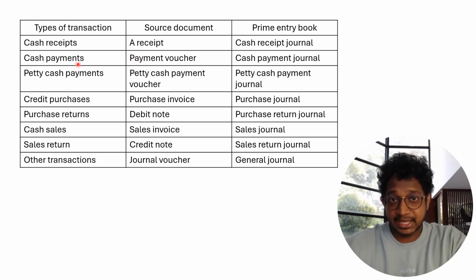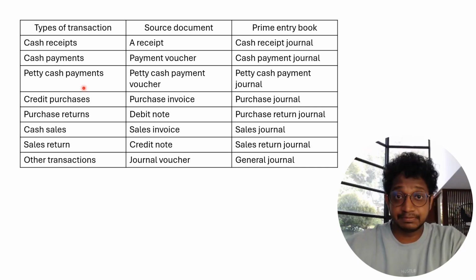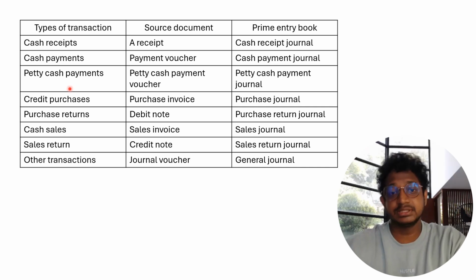Apart from the main cash payments, if the company is following the petty cash imprest system, you have to record the petty cash payments in a separate journal, the petty cash payment journal, and the source document is the petty cash payment voucher.